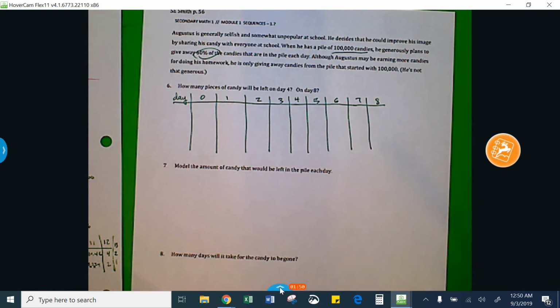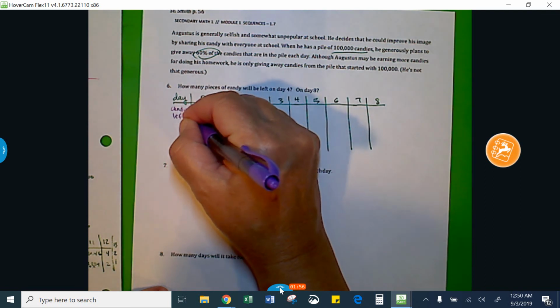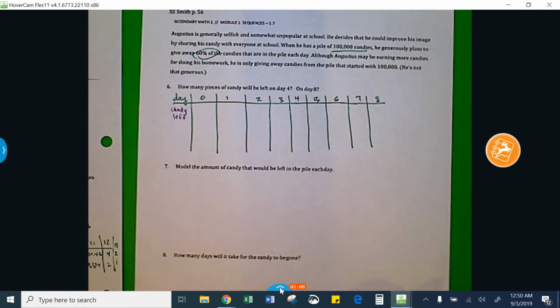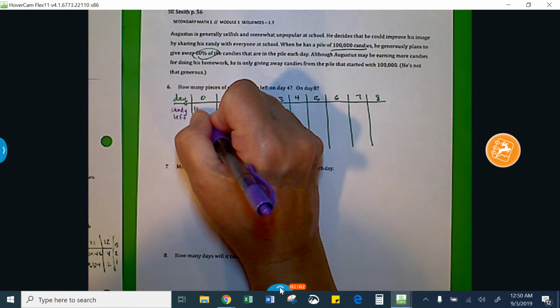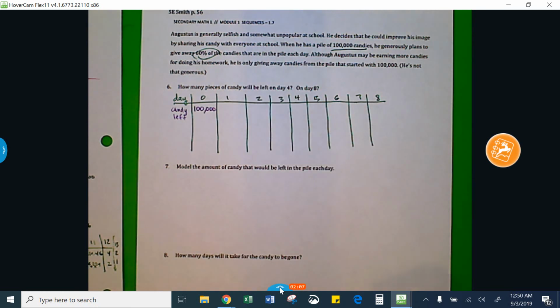That'll give us space to answer both of those questions. And then what we want to look at is how much candy is left. So on day 0, he's not giving away any candy yet. So on day 0, let's just say that's the day that he has collected this 100,000 pieces of candy.